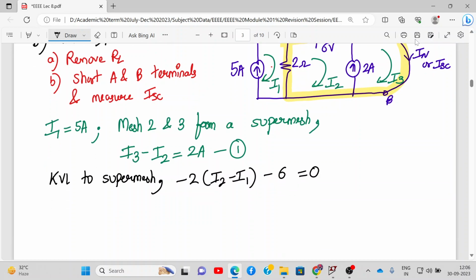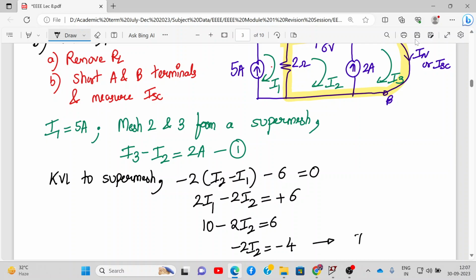So we get 2 I1 minus 2 I2 is equal to 6. Then I1 is given as 5, so this will be 10 minus 2 I2 is equal to 6. So minus 2 I2 is equal to minus 4. So finally we get the value of I2 as 2 amperes.